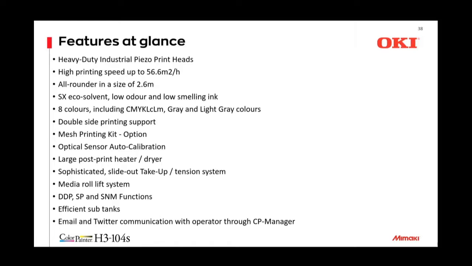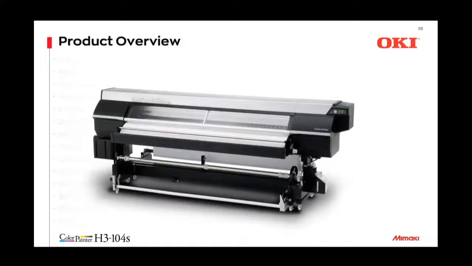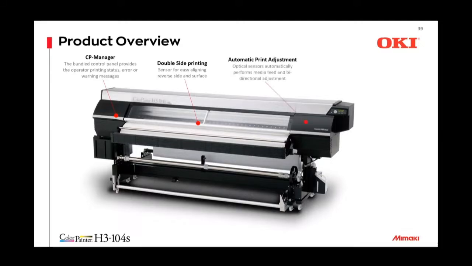Pretty much similar features throughout, but I'll run through. Okay, I'll get through this pretty quickly. CP Manager we've mentioned. Here's your double-sided printing functionality, sensor for easy aligning, automatic print head adjustment. This is the optical sensor, same as the M-64.